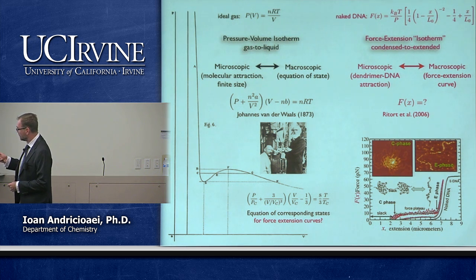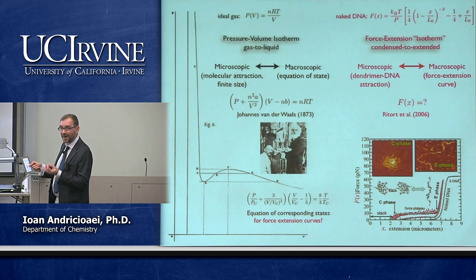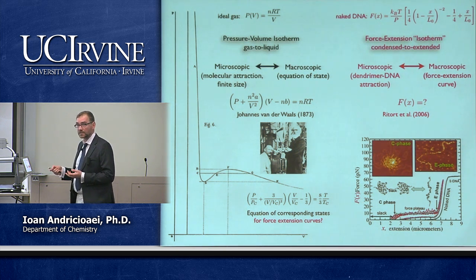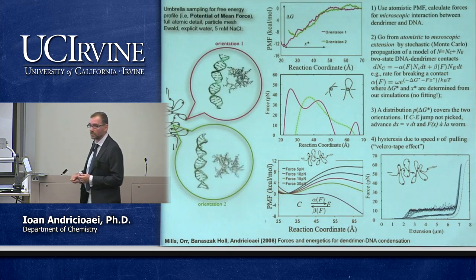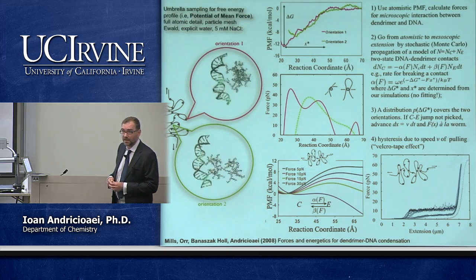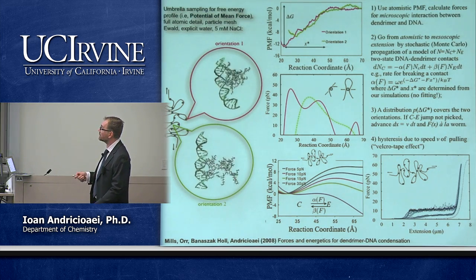What van der Waals did have to introduce were two parameters, A and B, that describe the microscopics of real gases, excluded volume and attraction. So similarly here, we'll have to do the microscopics, well, for us, mesoscopics, really, of the dendrimer DNA interaction, because now we have that interaction to describe.